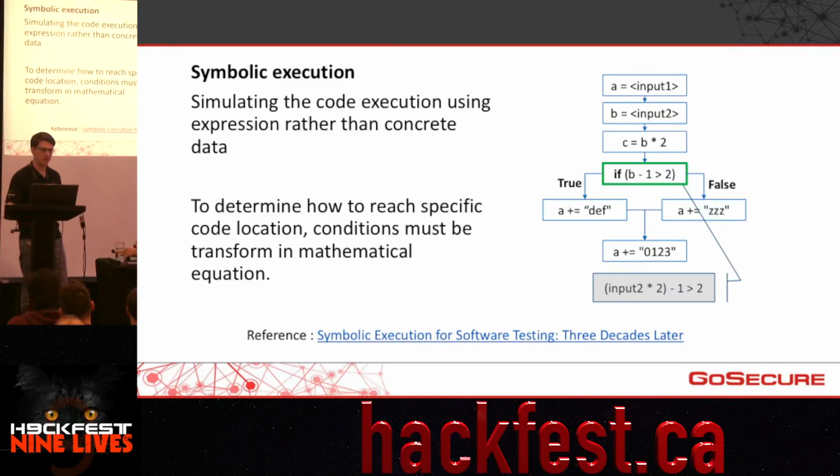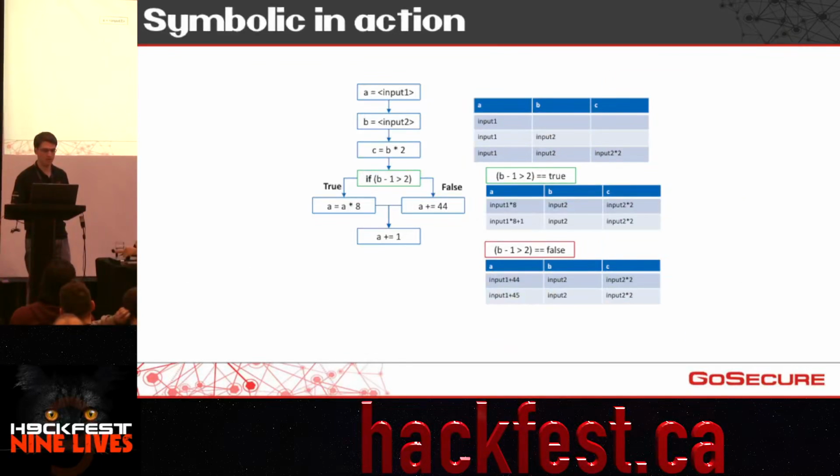For this specific function, we can resolve that if we want to reach the true case, we need input 2 multiplied by 2, minus 1, to be bigger than 2 to reach this specific condition. It's a very simple example.